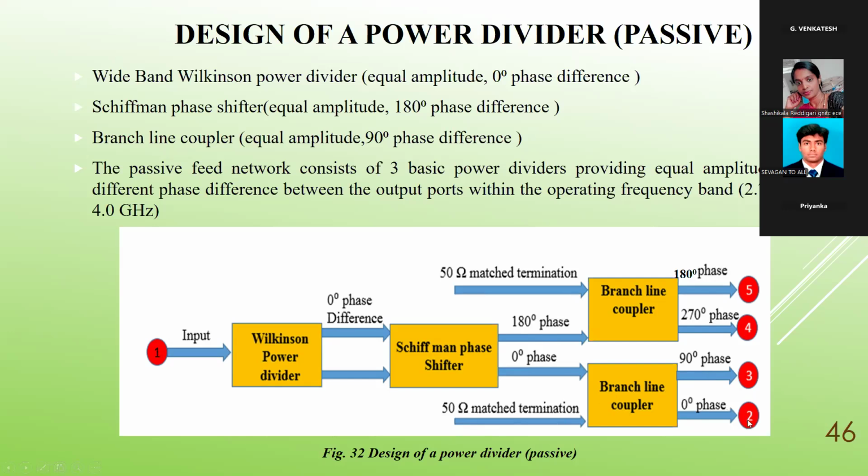So we are getting terminals 2 and 3. Here 180 degrees is fed at the input, and again 90 degree phase difference, so we get 270 degree phase here, and here 180 degree is already at the input. So the fifth terminal gives 180 degree phase. So accordingly 0 degree, 90 degree, 270 degree, 180 degree phase we can obtain.